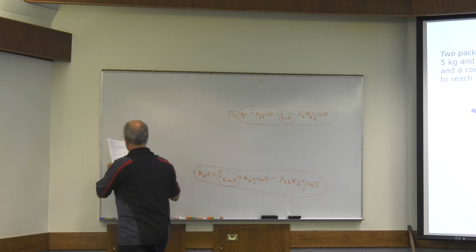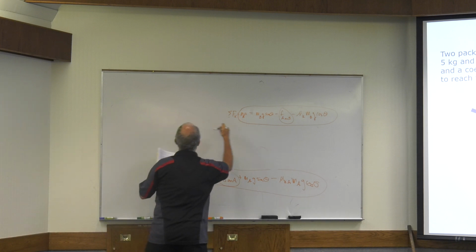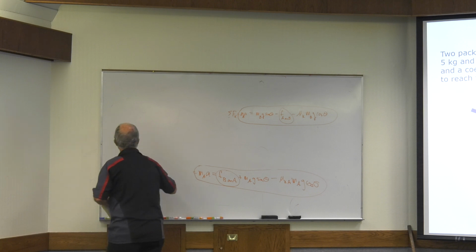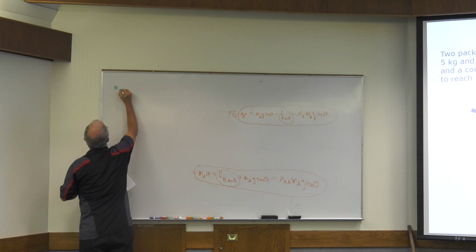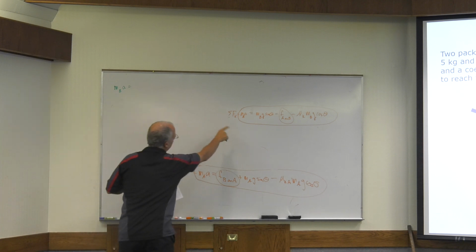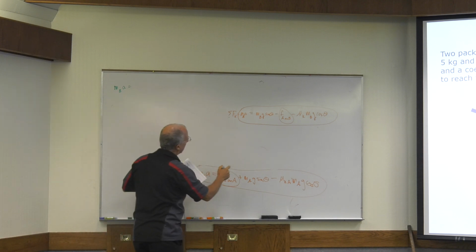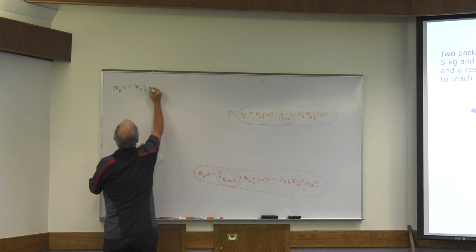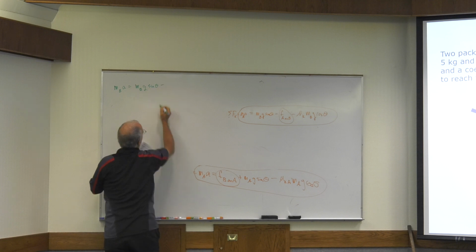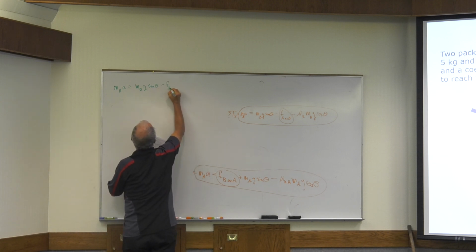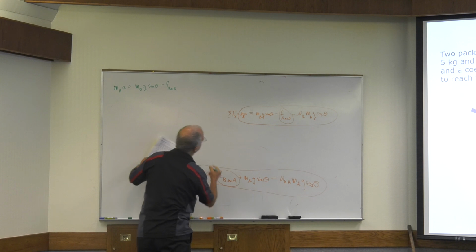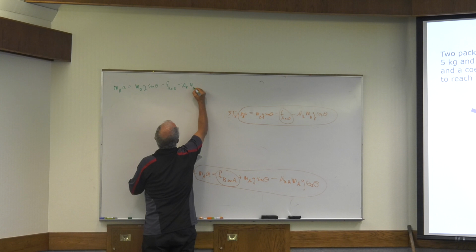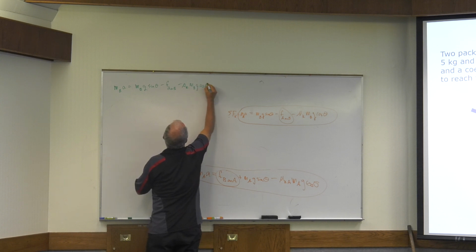So this one says MBA, I'm just going to copy it, equals MBG sine theta minus FA on B minus mu K. Okay, so all I did is copy it.